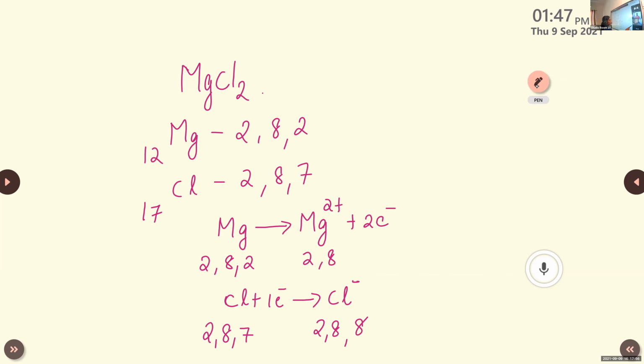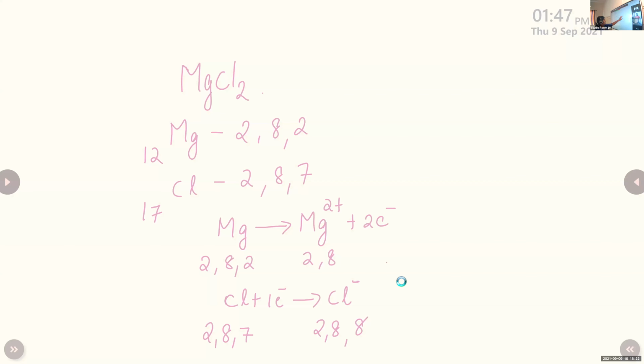After that, we can draw the Lewis structure. Have you completed this one, children? Yes or no?